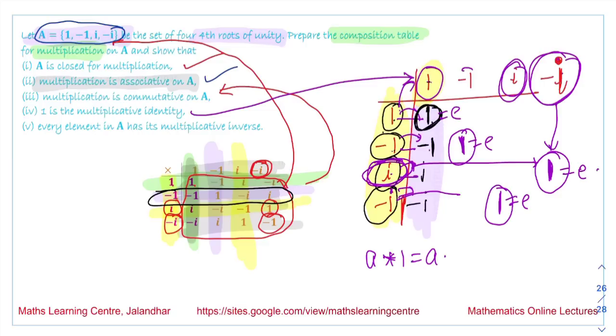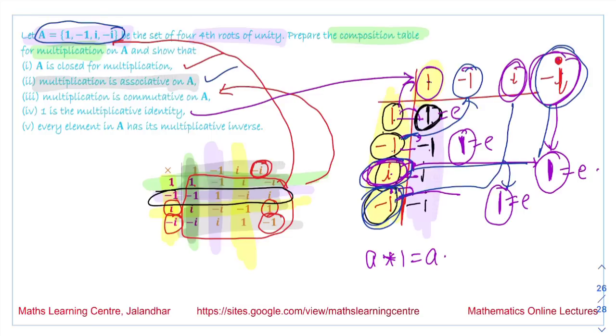The inverse corresponding to minus 1 is minus 1. The inverse corresponding to iota is minus iota, and the inverse corresponding to minus iota is iota. So we are saying that every element in A has its multiplicative inverse.